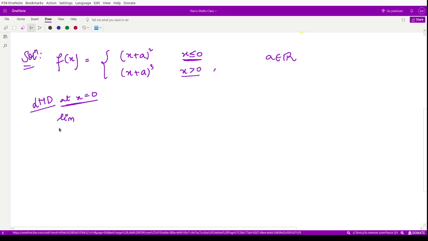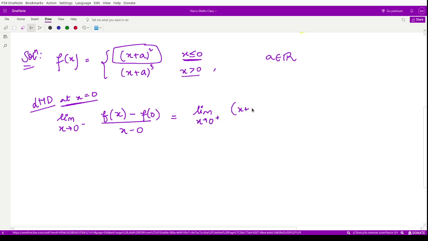According to the definition, we are to calculate the left limit of f of x minus f of 0 divided by x minus 0. Now what is the function's value when we are reaching the point 0 from the left side? It is this one. So accordingly we have limit x goes to 0 negative of (x plus a) whole square minus its value at 0, that is (0 plus a) whole square, divided by x minus 0, that is x only. So we may open up the brackets.